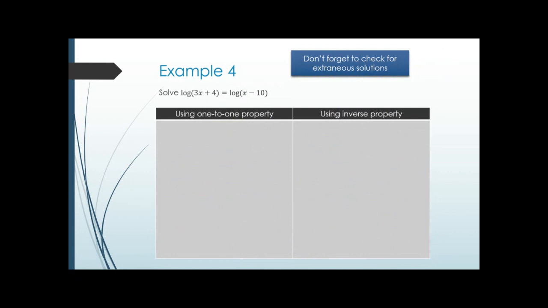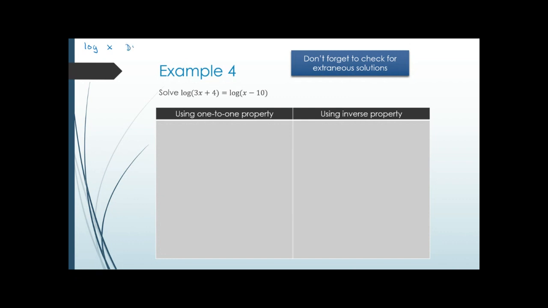Now with logarithms, you have to check for extraneous solutions because sometimes you get answers that don't work because of the domain of a logarithm. So I'm going to just put this in the upper corner here. So if we have log x, now this was covered in 5.2, where you talk about the domain.